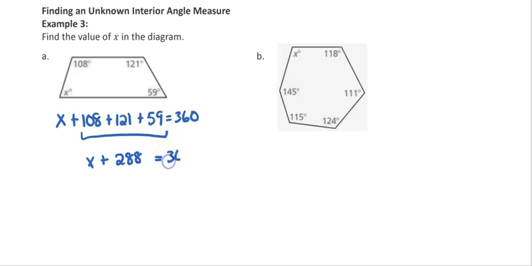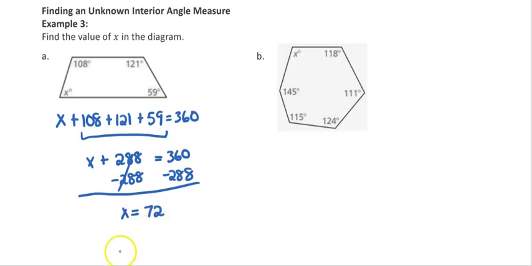I still have the x. So to find out what x equals, I subtract the 288 from both sides, and I get 72. And once again, I don't have to write degrees because you see there's already a degree symbol right here. So if I write 72, it's understood that that is representing degrees, but you could put the degree sign and I'm sure it would be okay.